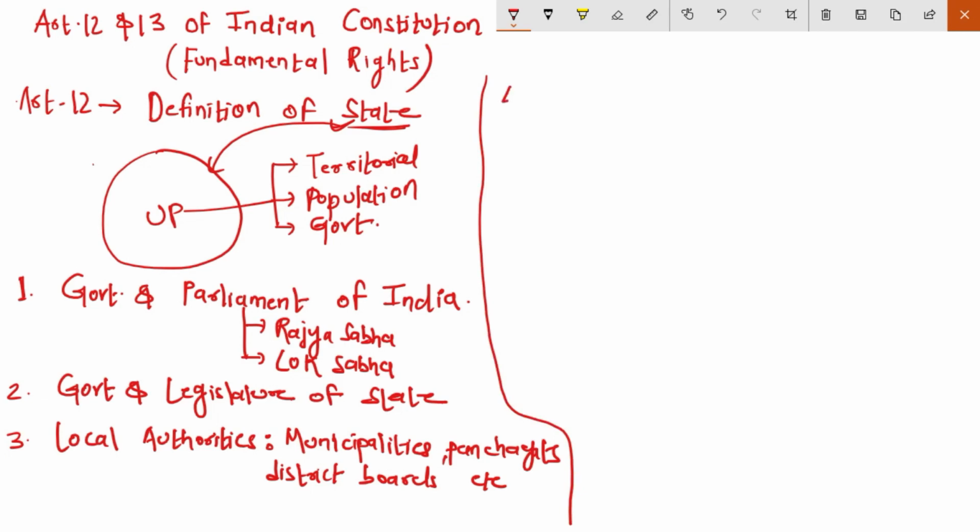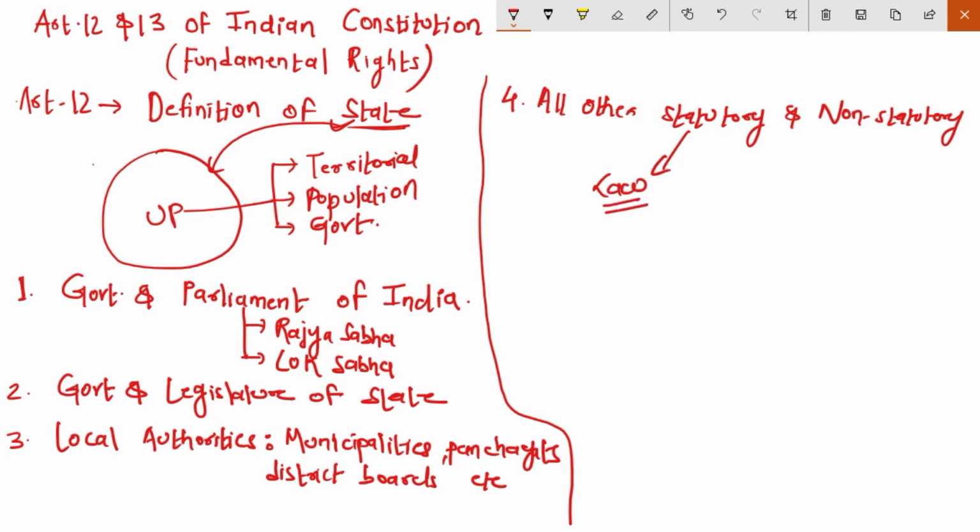Fourth is all other statutory and non-statutory authorities. Statutory authorities are those authorities which are framed by law, with the application of law.